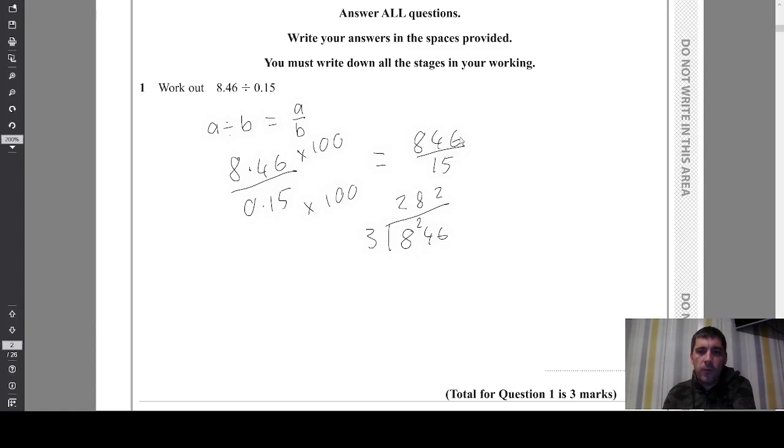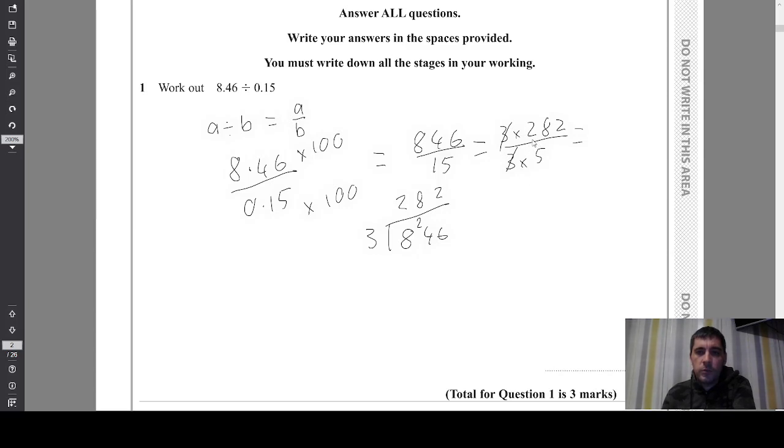So we can factorize 846 into 3 times 282 easily, and we can factorize 15 into 3 times 5, where we just cancel the 3, and life is much easier now, because again, I can use the bus stop method if I want.